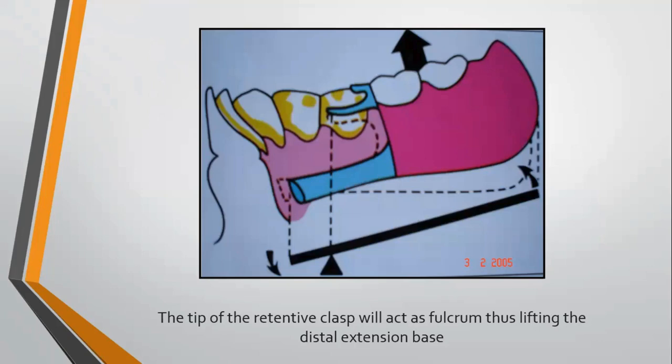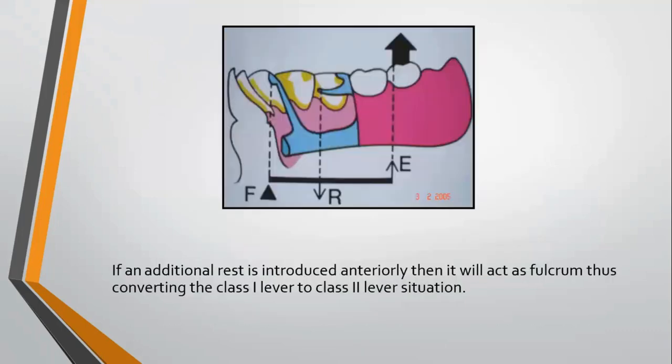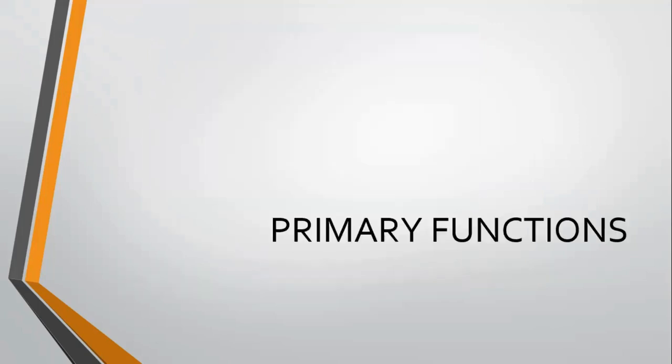If we move the fulcrum to a different area, the type of movement of the prosthesis or denture can be managed. See here, the fulcrum line has been moved from the most posterior abutment teeth to the front. This is the position where we are going to give the indirect retainer.